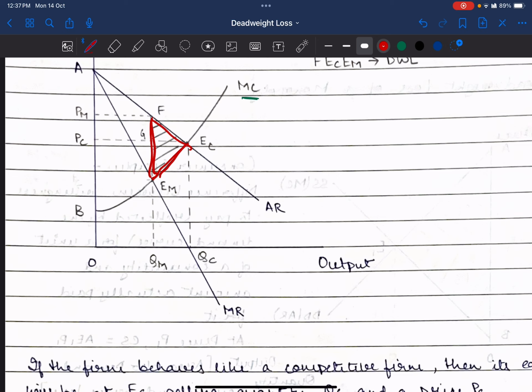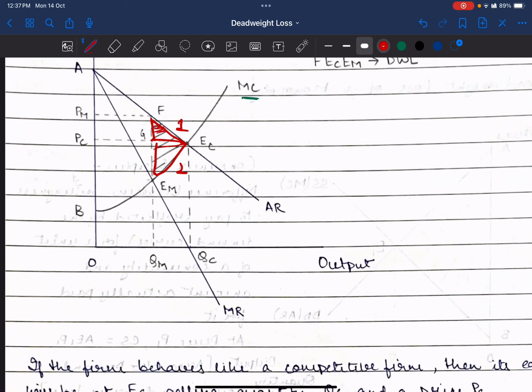What is this triangle? So it consists of two smaller triangles. Let's call this 1 and let's call this 2. This triangle 1 is consumption distortion loss. That is, there were a few consumers who were earlier willing to pay a higher price, but they are now excluded from the market.